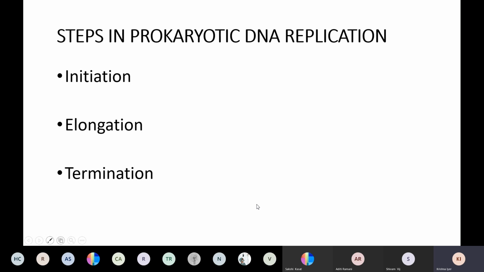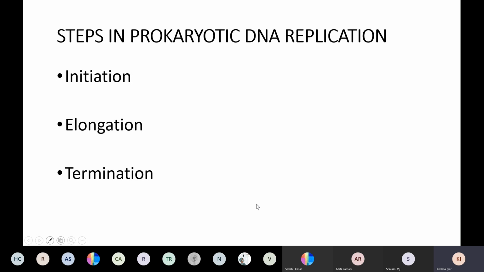And the last step, where the process of replication is stopped by the organism to move on to the next stage. So irrespective of whether we are looking at bacteria or higher order eukaryotes, or even D loop and rolling circle, there are always these three steps: initiation, elongation, and termination.